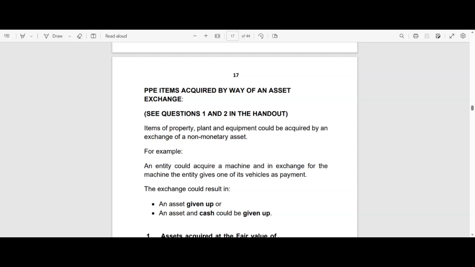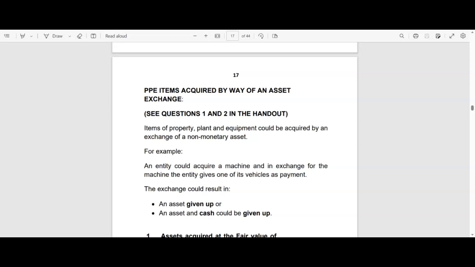Besides using credit facilities of the supplier of the asset, and besides paying cash for it, we can also use another asset of ours, an asset that we already own, as a partial payment for that new asset.